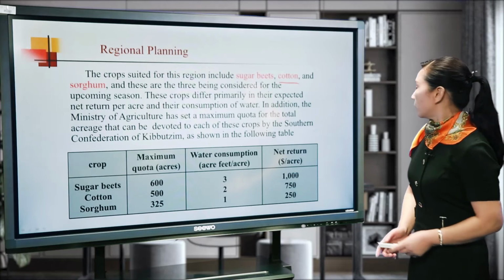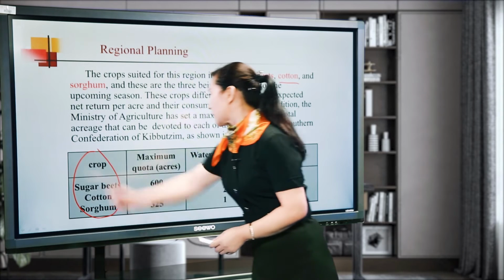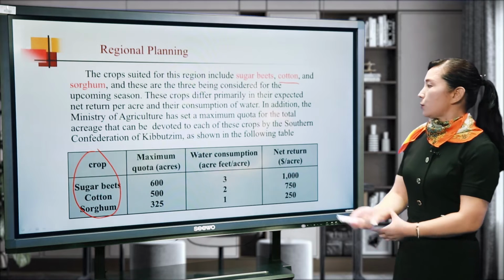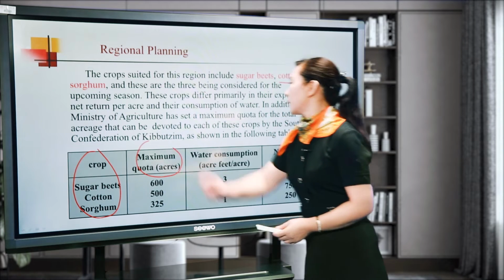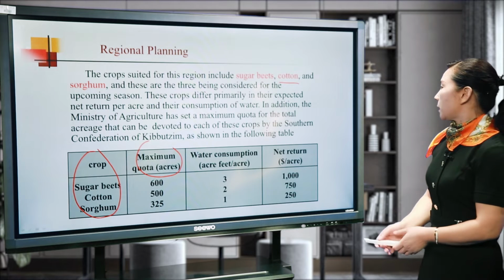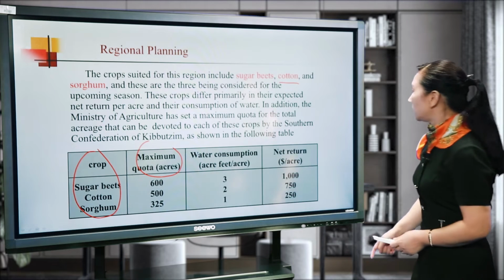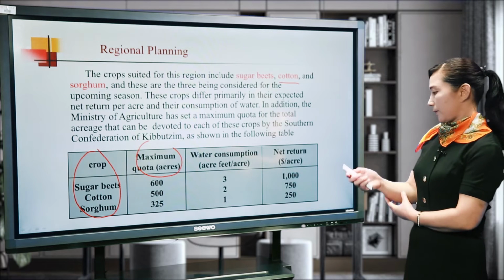In this table, we note the 3 crops planted in each kibbutz. This is the maximum quota of each crop. This is the water consumption, and this is the net return of each crop.